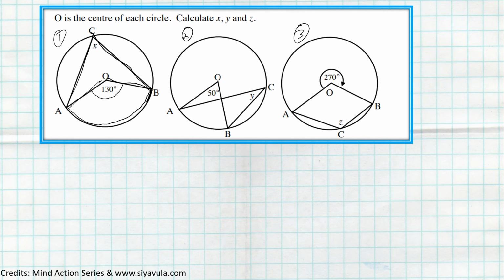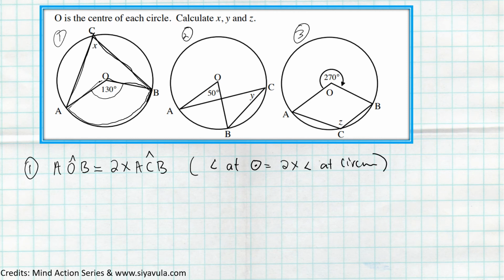So we can first write, angle AOB, which is our angle at the center, will be 2 times the angle subtended by the same arc at the circumference. So it will be 2 times angle ACB. And we have to give a reason: angle at center is equal to 2 times angle at circumference. Now we can replace.